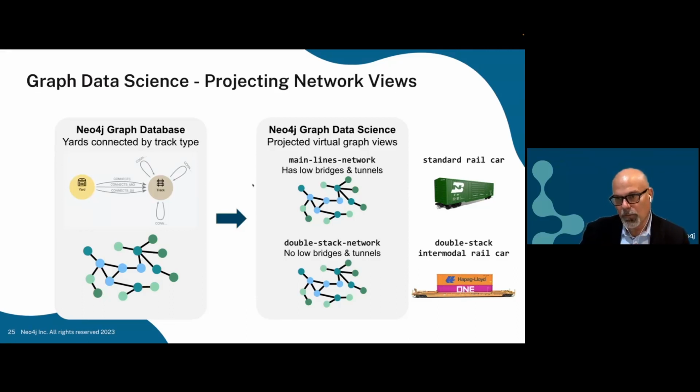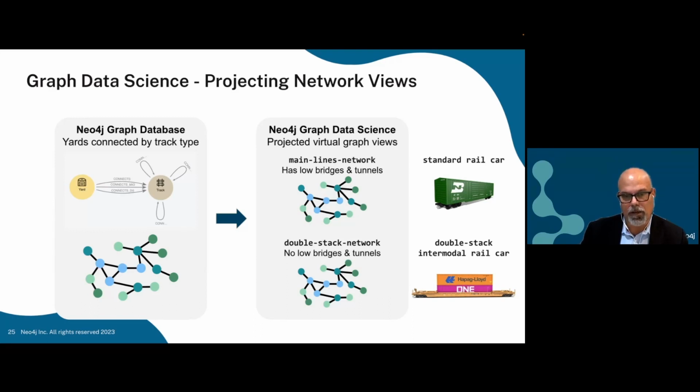Now, the problem that we're going to try to solve is a routing problem for double stack rail cars. A double stack rail car is one where I might have one or two containers, one on top of each other. And if you think about this whole rail network, it becomes very quickly obvious that there's going to be sections of the rail network where you can't actually run one of these tall trains.